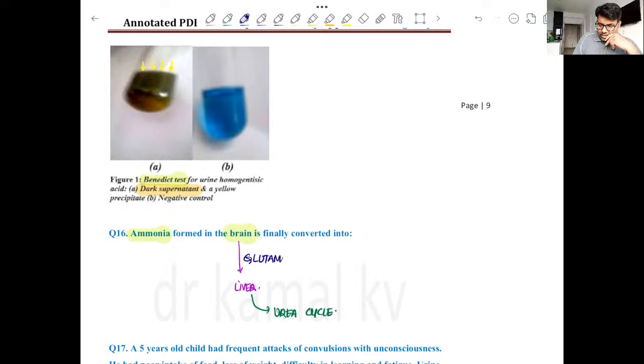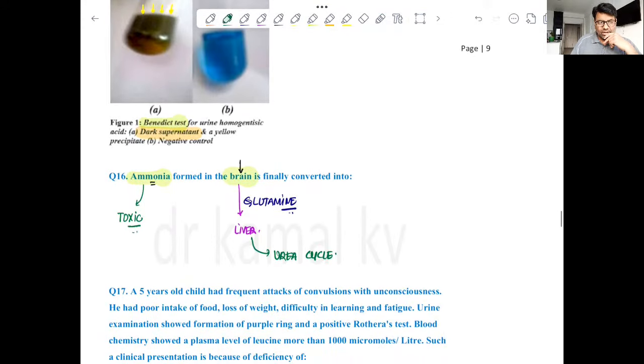So glutamine is an important transporter for the ammonia which is formed in brain, because this ammonia is very toxic and it has to be handled at the earliest. So ammonia by the way of glutamine is transported to liver where it is excreted in a non-toxic form.